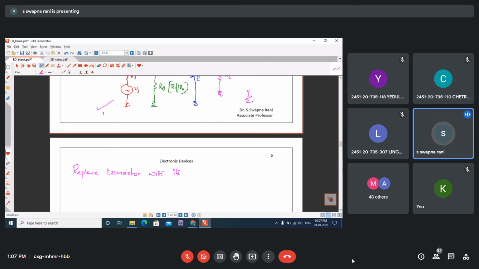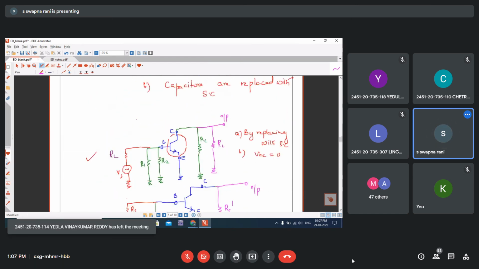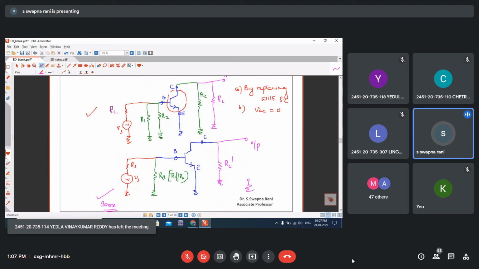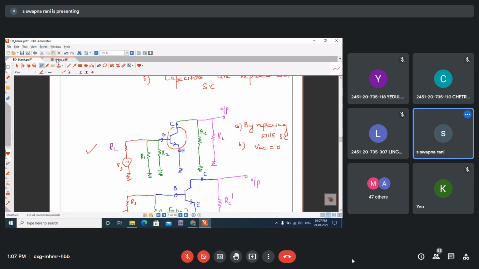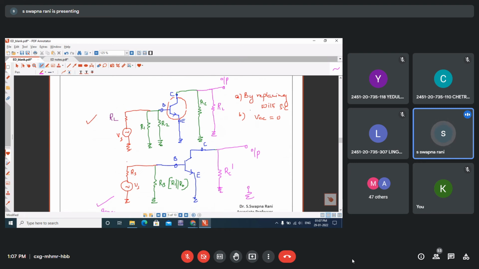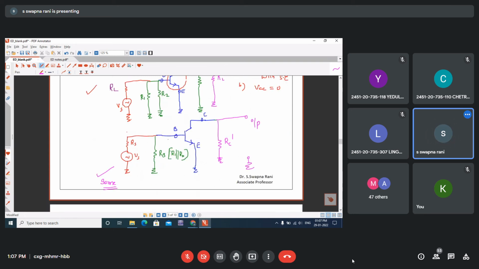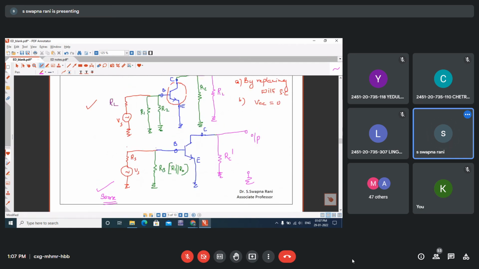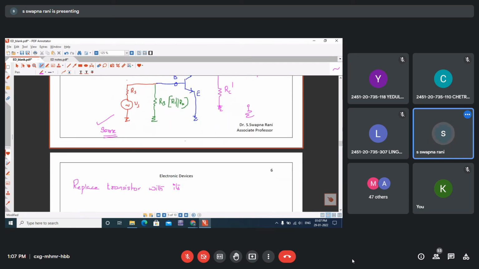Up to here the circuit is the same. If you are given an amplifier with biasing, you need to do it like this: CE amplifier with self bias. For only a CE amplifier, we simply follow the exact analysis we did in the beginning. But if any biasing is mentioned, like CE amplifier with self bias, you need to draw this AC equivalent circuit with VCC zero and capacitors short circuited, and next replace the transistor with its approximate model.